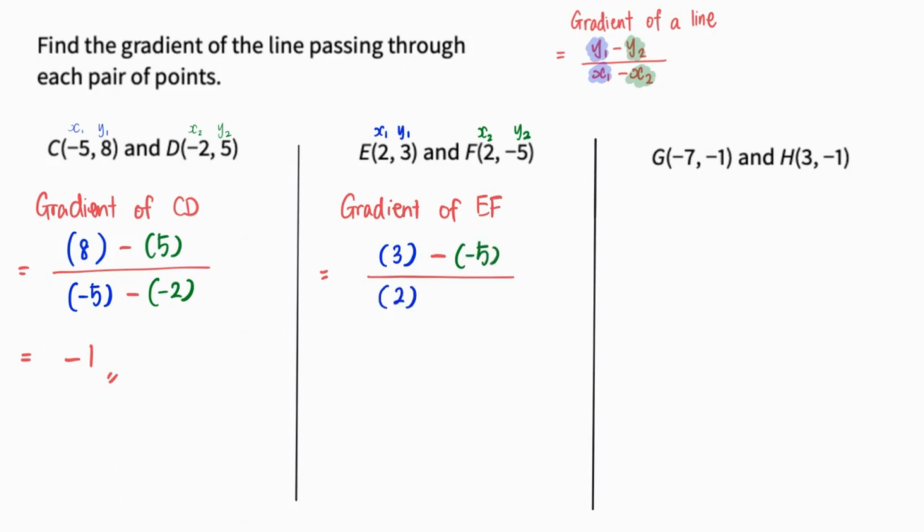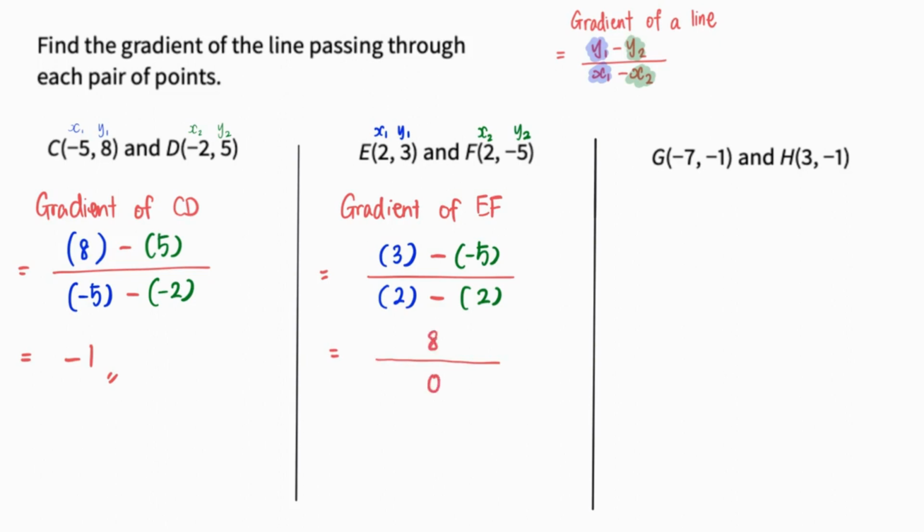X1 will be 2, minus my x2, 2. In this case, because the value of the denominator, if you notice, 2 minus 2 will be equals to 0. On top is 8.